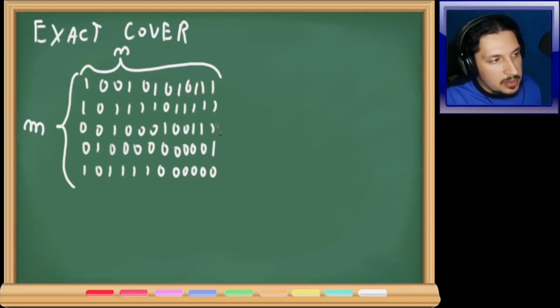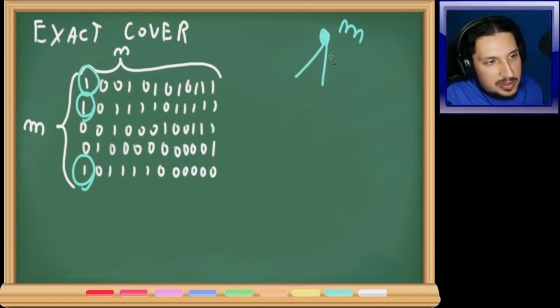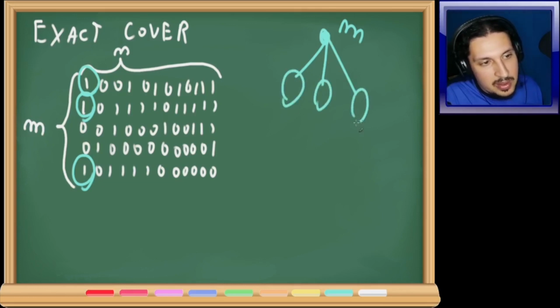Why? Well, let's think about the process of this solution. It starts with the original set, which has all the m possible sets to use. And then it selects a certain column and it checks which ones have a 1 on that column, and the branching factor, the number of children in our backtracking process of creating new sub-problems to solve, will be equal to the number of elements that have that 1.